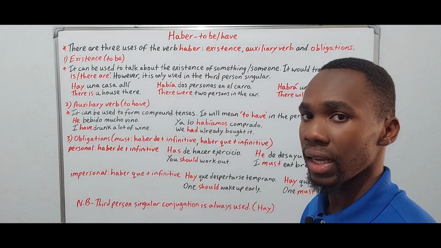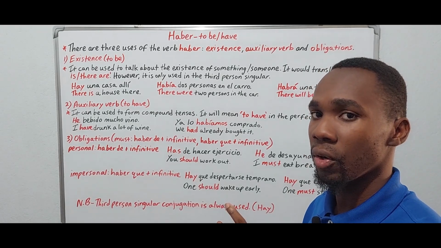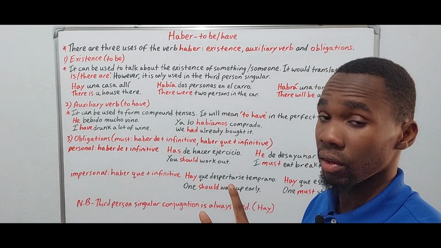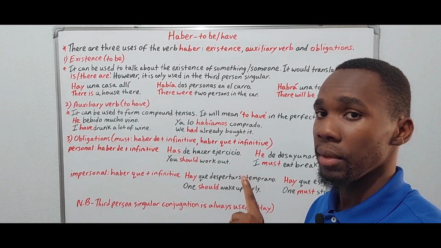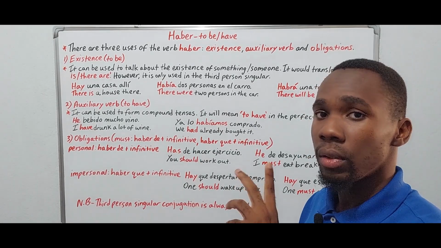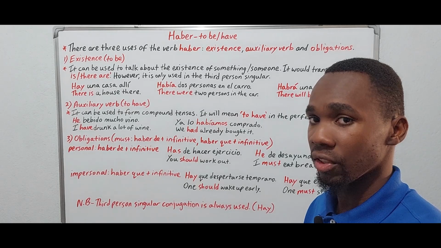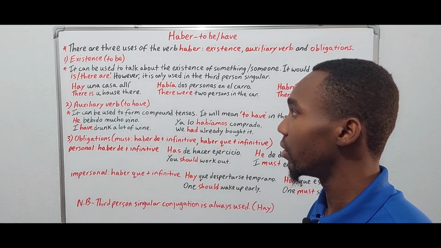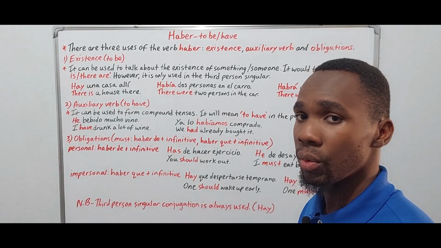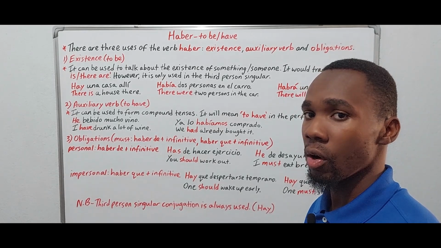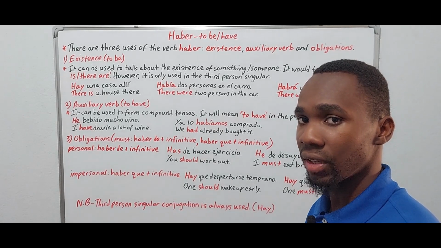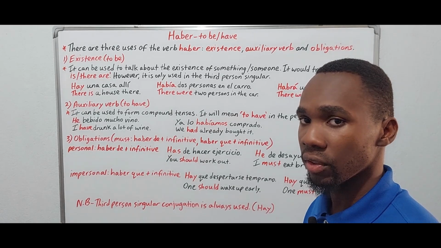So once again, it can be used to talk about existence, it can be used as an auxiliary verb, and it can be used to express obligation. When it comes to existence, it will translate as to be, and it is always used in the third person singular, even if we have a plural subject.